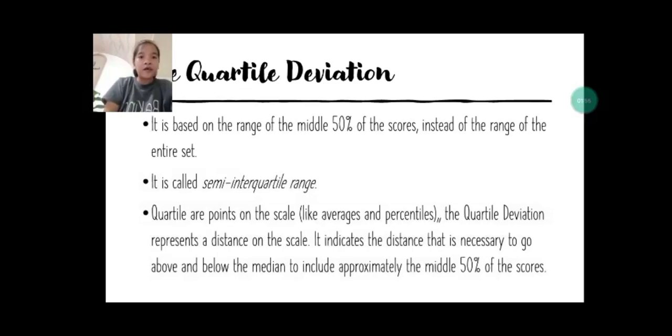Quartile points are on the scale like averages and percentiles. The quartile deviation represents a distance on the scale. It indicates the distance that is necessary to go above and below the median to include approximately the middle 50% of the scores. Semi-interquartile is half of the quartile.